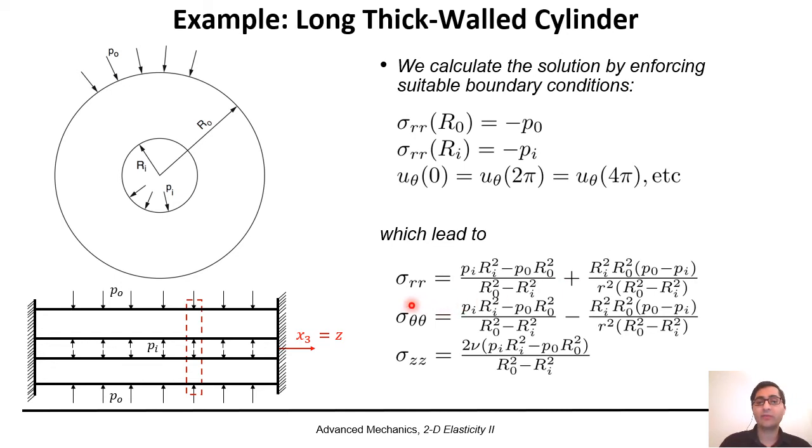Pay attention that we found sigma RR and sigma theta theta as a function of R only. These relations are not functions of theta because it's an axisymmetric case. And also we found them based on the internal and external pressure and radii.